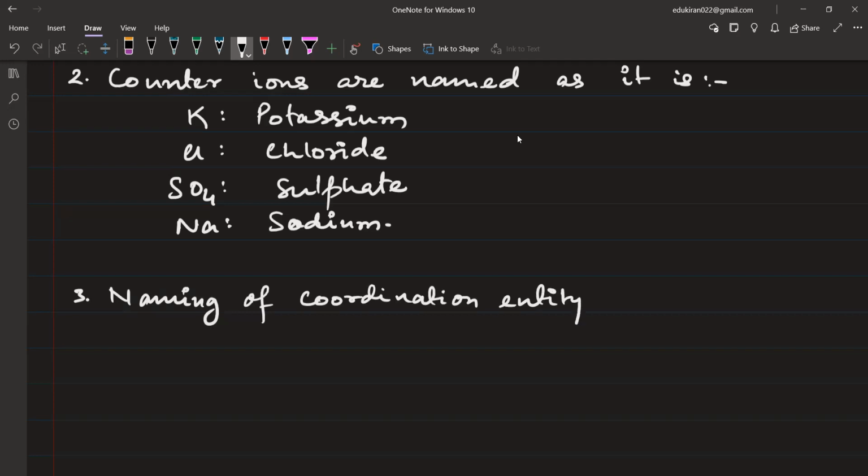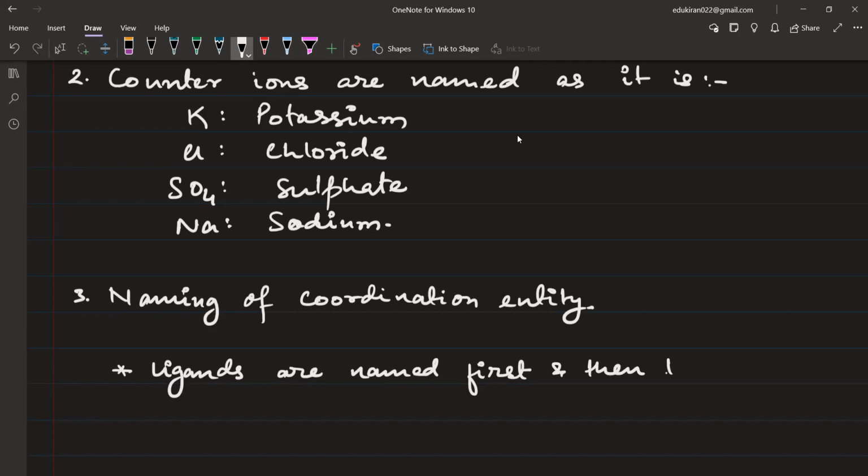Now, when we name the coordination part, we name the ligand first and then we name the central metal atom. So please write: ligands are named first and then the central metal atom.